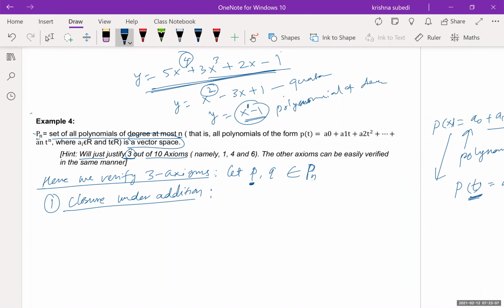Imagine that this Pn is a container and all of the objects in this container are of this form, this type.